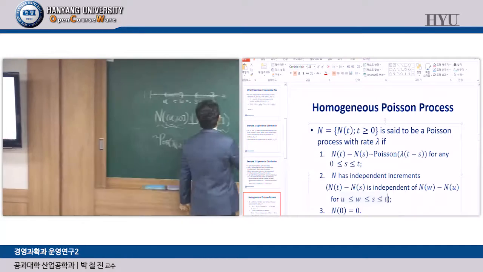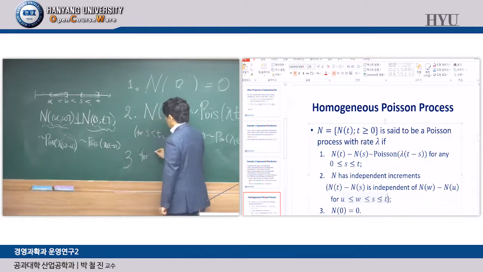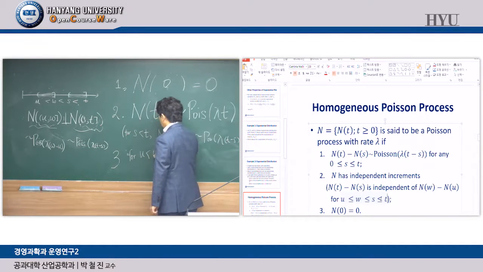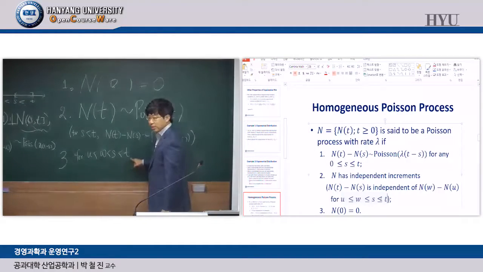So in this case, 3, 4, U less than W less than S less than T. They are points of time.